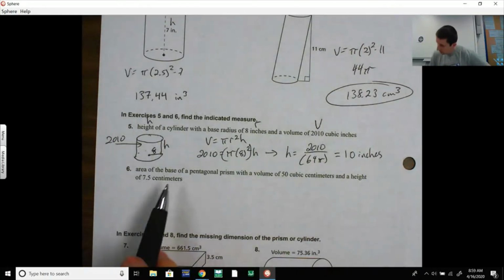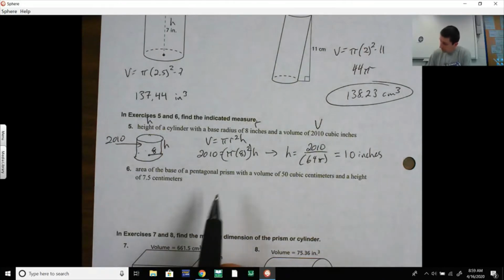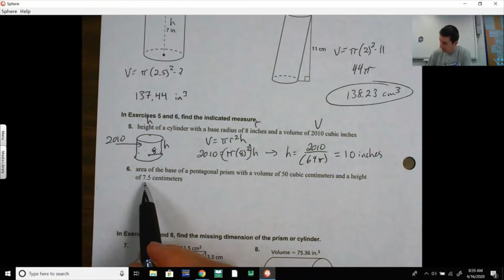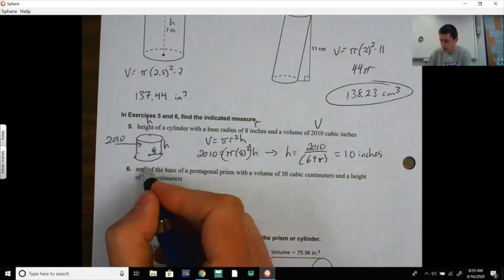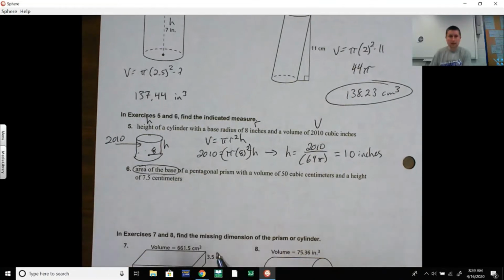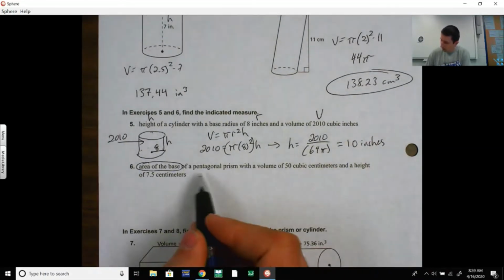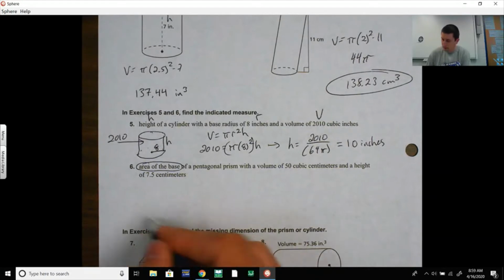The area of the base of a pentagonal prism with a volume of 50 cubic centimeters and a height of 7.5 centimeters. They want the area of the base. They're not asking for a specific piece of it, they just want the area. So I have a pentagon on the bottom.